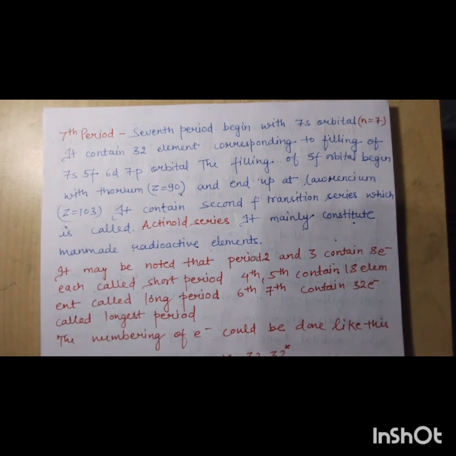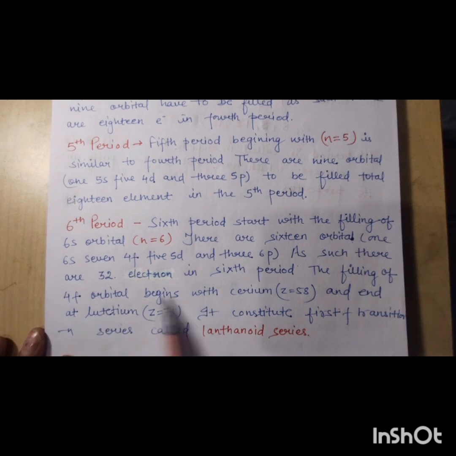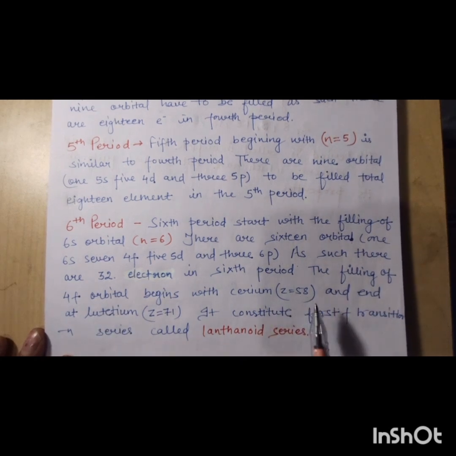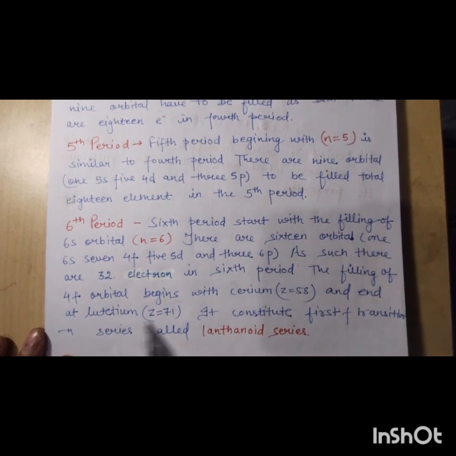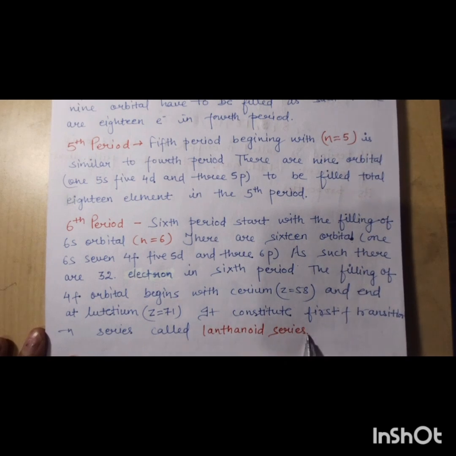And in the lanthanides, the 4f orbital begins with Z is equal to 58 and ends with lutetium, Z is equal to 71. That occurs in the sixth period, called the lanthanide series. You have to remember this.